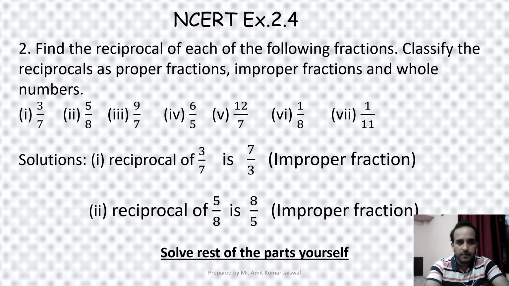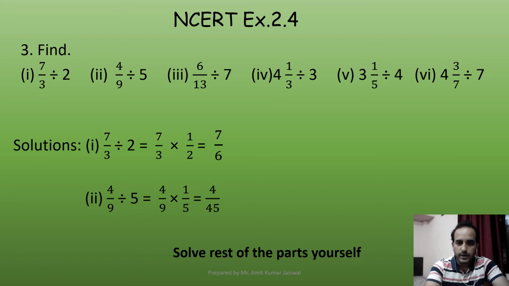Next we have exercise 2.4 question number 3. We are supposed to divide the fraction 7 upon 3 by a whole number 2. Again the same concept we need to apply: conversion of the sign of division to multiplication and then taking the reciprocal of the value that is the divisor. So 2 is the divisor here, which is dividing 7 upon 3, that is the dividend.